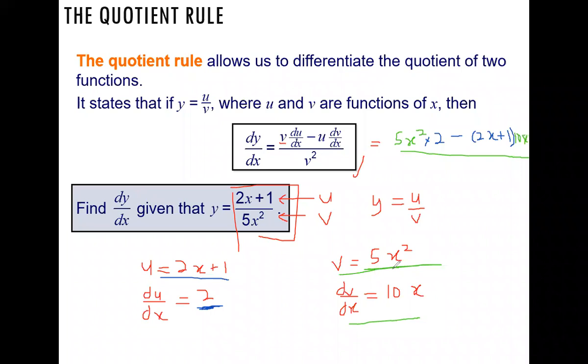This is v, so that's 5x squared, all squared. That is the substitution we're going to make. Then after which we'll have to simplify. So let's go to the solution on the next page.